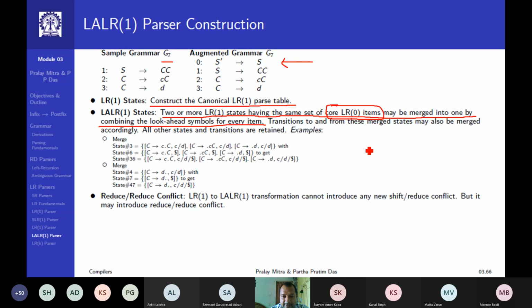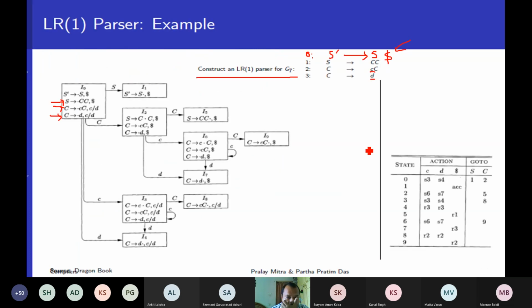Now if I go back to this state and this state, look closely. This is my state 3 and this is my state 6. In state 3, after the comma, C or D is there for all 3 items.